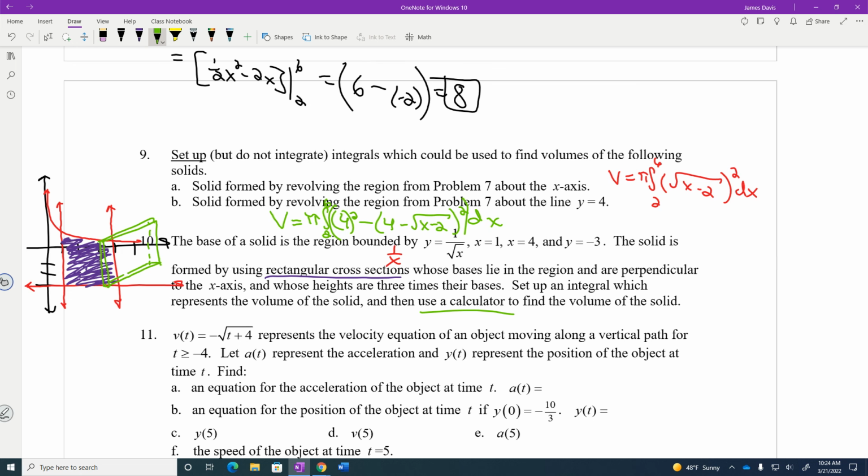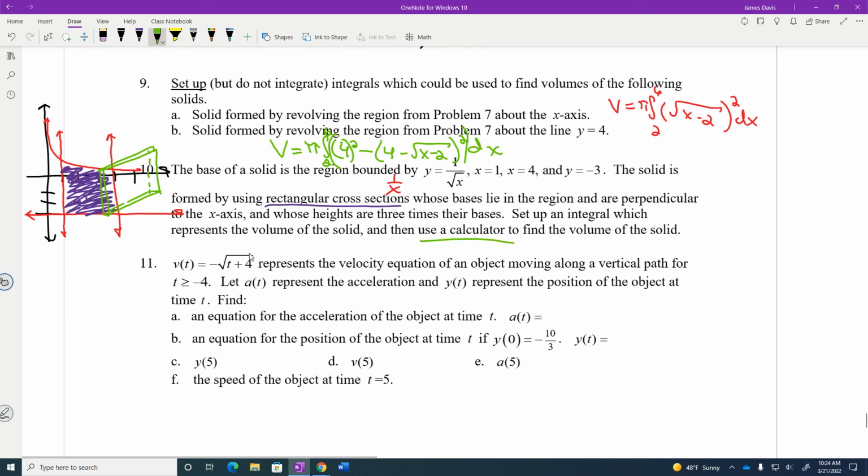Okay. So let's see if we can set that up. Let's start with volume. So V equals. What are our limits going to be? Okay. 4. And then we're essentially doing like our base times the height or length or width. So it's actually just going to be 4 times whatever the function is, right? Because you got the function and then 3 times it. So just 4 times whatever we decide this gap from here to here is. How do we find that?